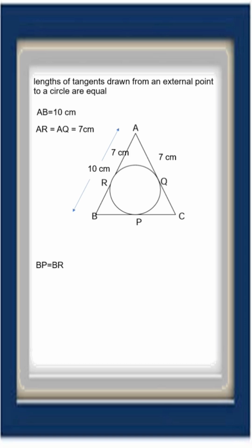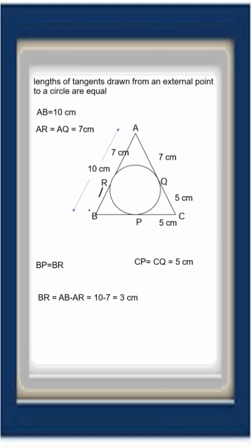We have to find out BP and CP in order to calculate BC. BP is equal to BR. Why? Tangents drawn from the point B. Similarly, CP is equal to CQ, that is equal to 5 centimeter. Why? They are the tangents drawn from the external point C. How can you calculate BR?